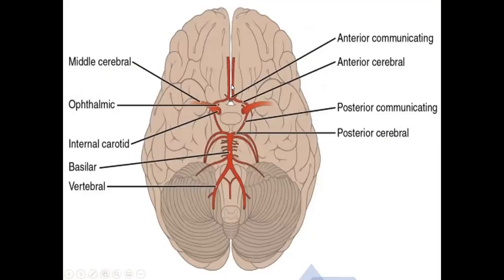If you superimpose this on the brain, you can see the internal carotid, the posterior communicating, the anterior cerebral artery, the anterior communicating, the posterior communicating, the basilar artery, vertebral artery, and pontine arteries.